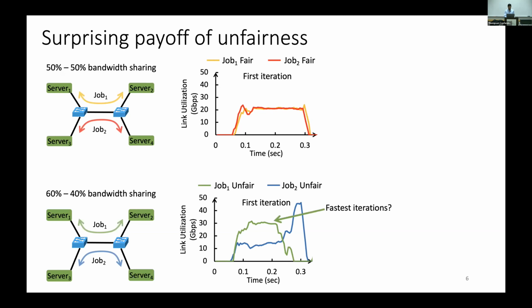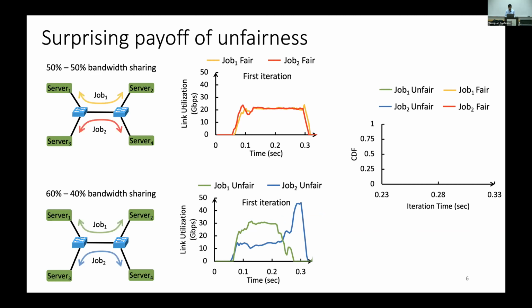Intuitively, I'd assume that since job 1 is getting more bandwidth, it should have the fastest iteration times in the unfair bandwidth sharing case. And job 2 of the unfair bandwidth sharing case should have the slowest iteration times. But when I run the experiment for 1,000 iterations and plot the CDF of the iteration times, what I see here is both job 1 and 2 of the unfair bandwidth sharing case have almost similar iteration times.